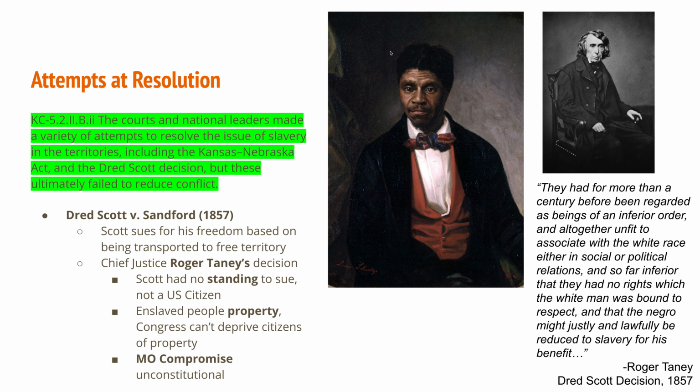You can see the racial ideology that is baked into this decision, that he does not see African Americans and whites as equal, and so therefore his ruling is going to determine that slavery is legal and moral on these racist grounds.